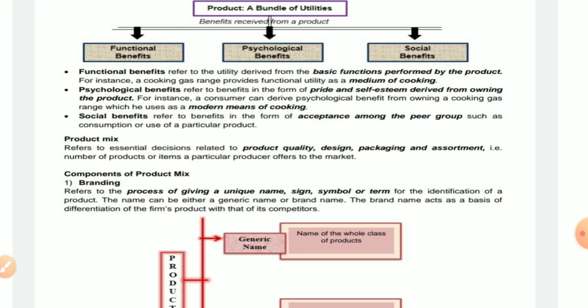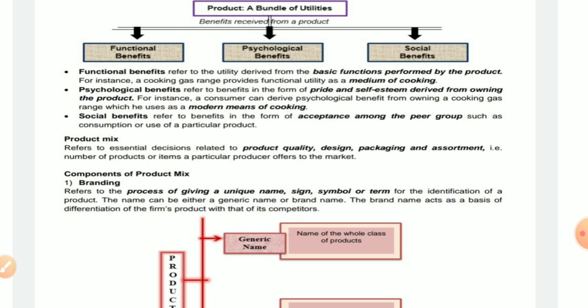Okay, like cooking gas is a medium of cooking. Now psychological benefits are pride and self-esteem derived from owning the product, like a car or AC, and social benefits are like acceptance among the peer group through the consumption and use of a particular product.